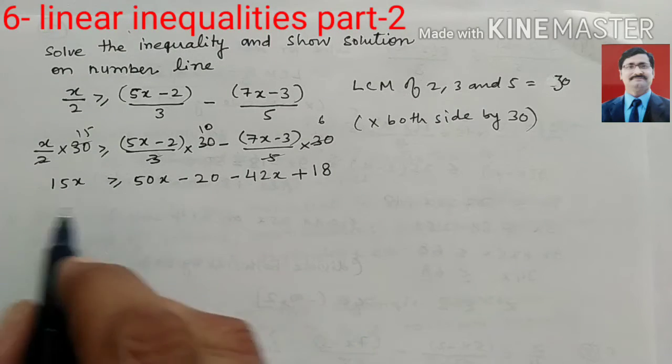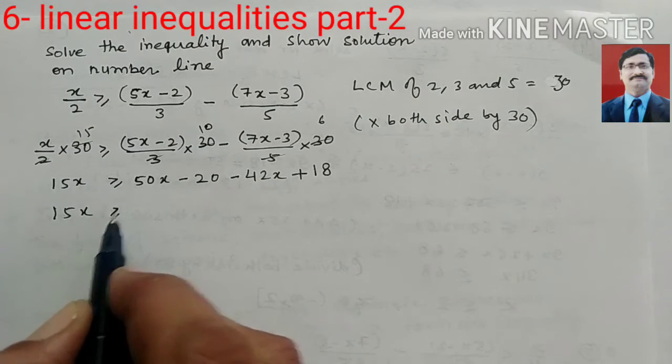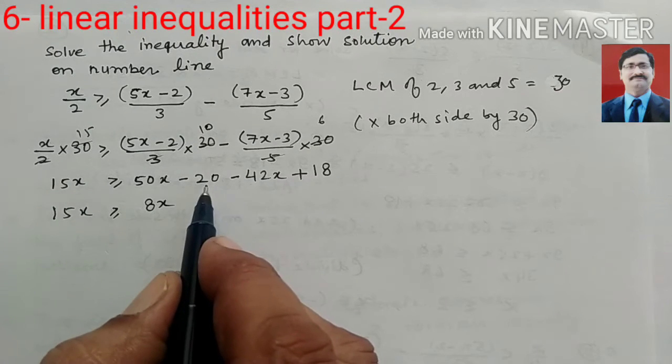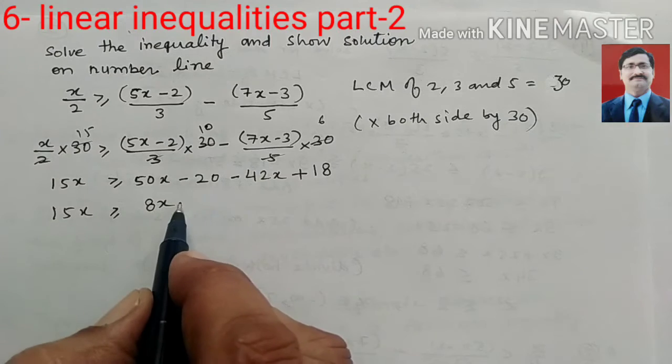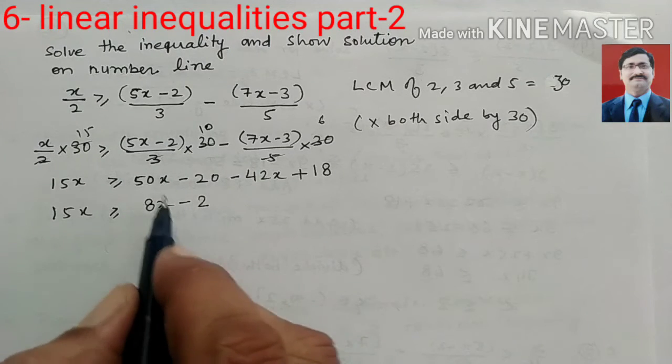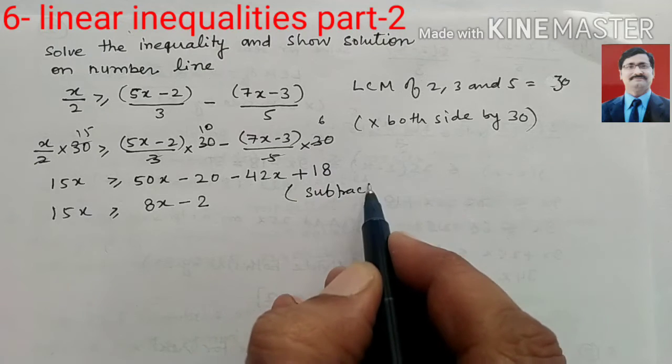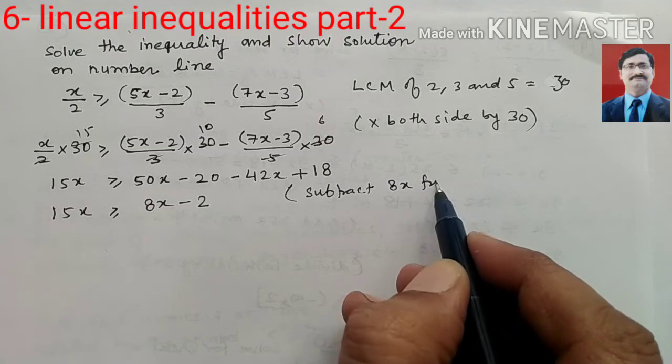Now here you can add the like terms, so 50x minus 42x means we get 8x, and minus 20 plus 18 we get minus 2. Now I do not want 8x here, so you can write: subtract 8x from both sides.